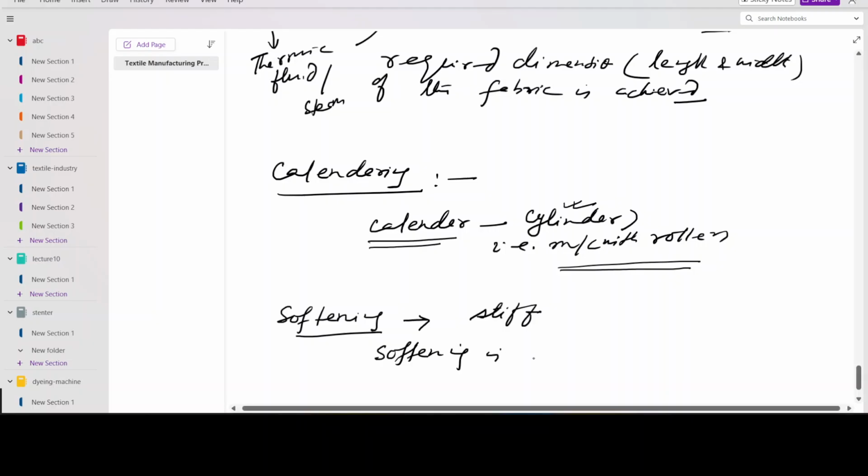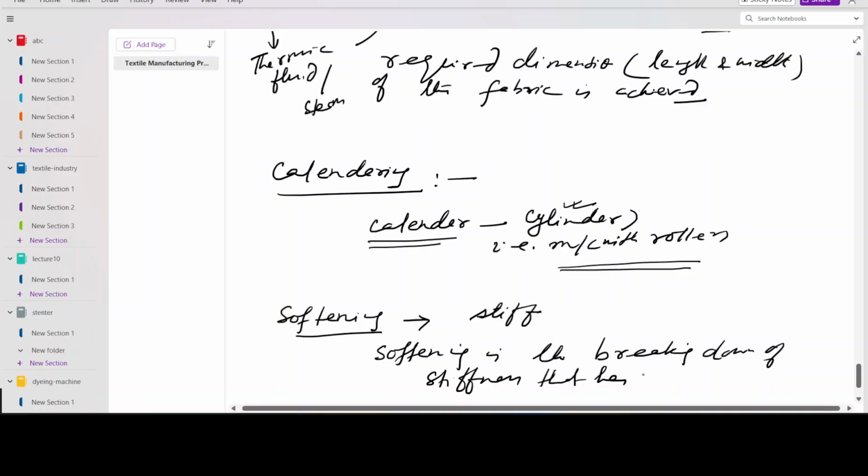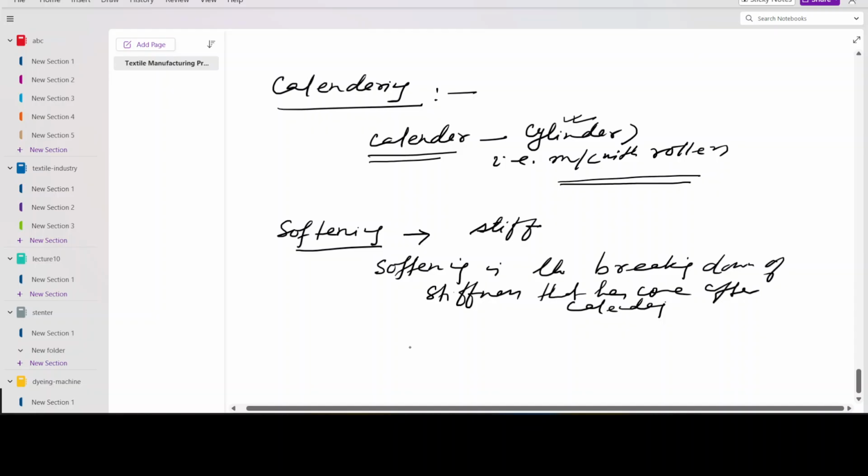Softening is the breaking down of stiffness that has come after calendaring. Thus, we have seen the manufacturing processes in the textile industry.